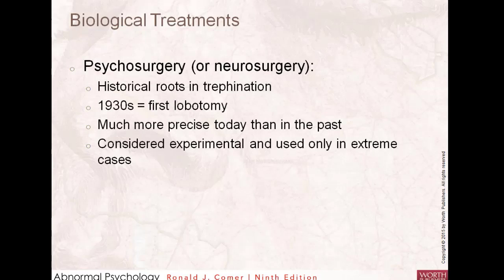Lobotomy is often what we're hearing when we're talking about psychosurgery. The idea of a lobotomy was to insert some kind of instrument into the brain and to remove a section of the brain or to disrupt the connections between different sections of the brain. And so this could have been achieved in a similar way as trepanation, drilling a hole.